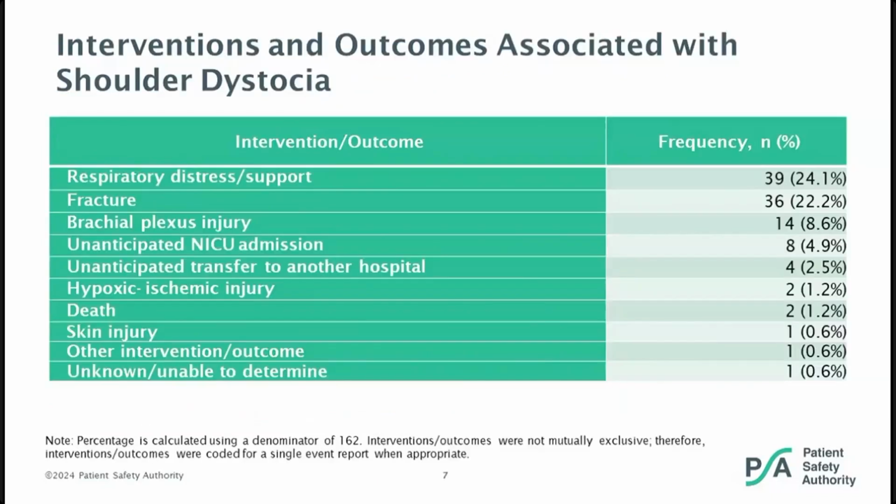We also looked at interventions and outcomes associated with the labor and delivery events. For this webinar, I just pulled the ones that were associated with shoulder dystocia, since that is the focus today.